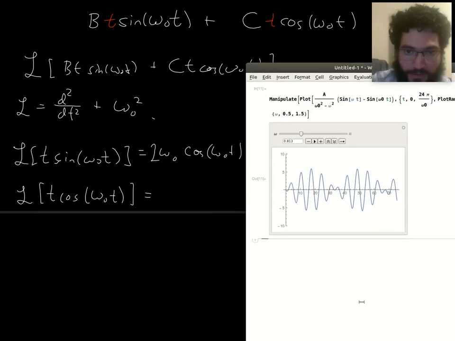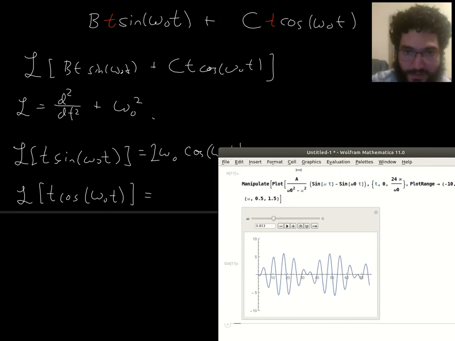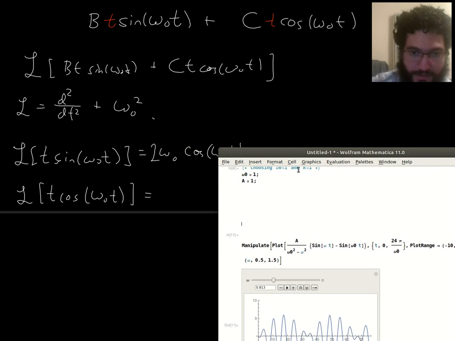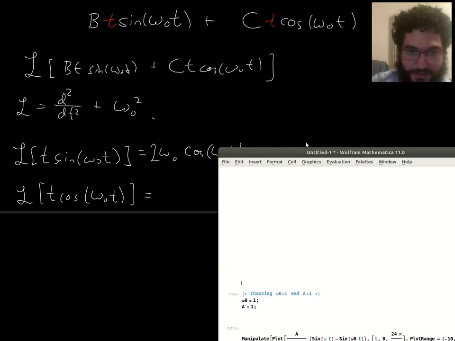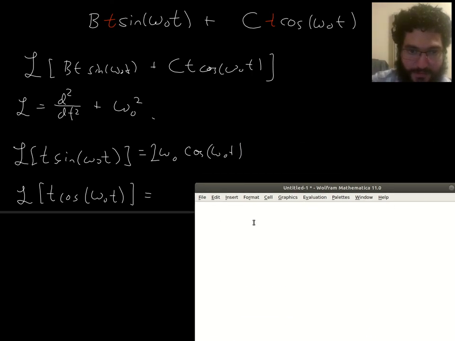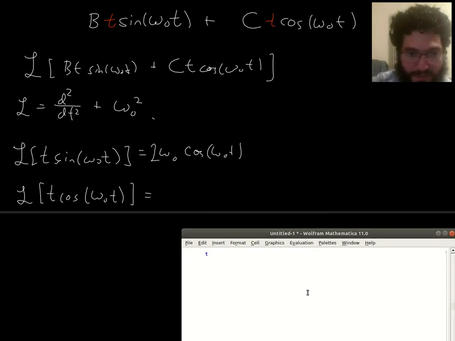Here's my Mathematica. Let me move this off screen. All right. So let's see. I've got t cosine omega naught t. And I just realized that from my previous work, omega naught is being used for something, so let me clear it.